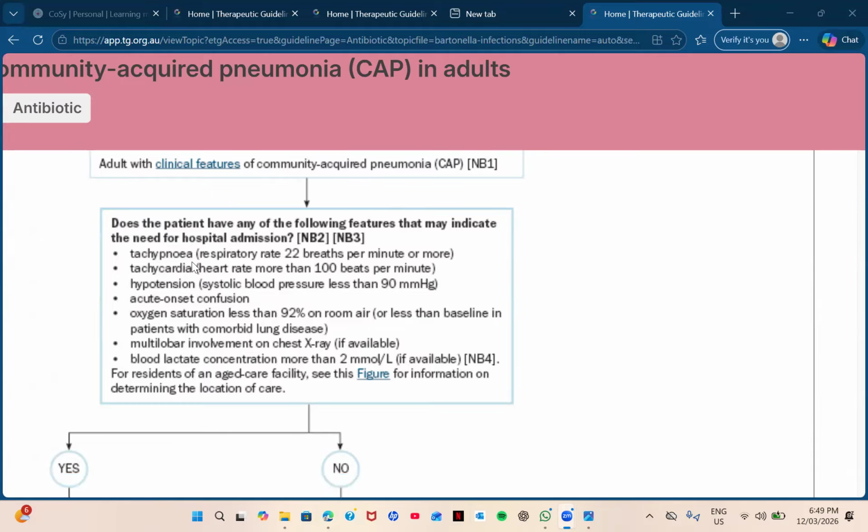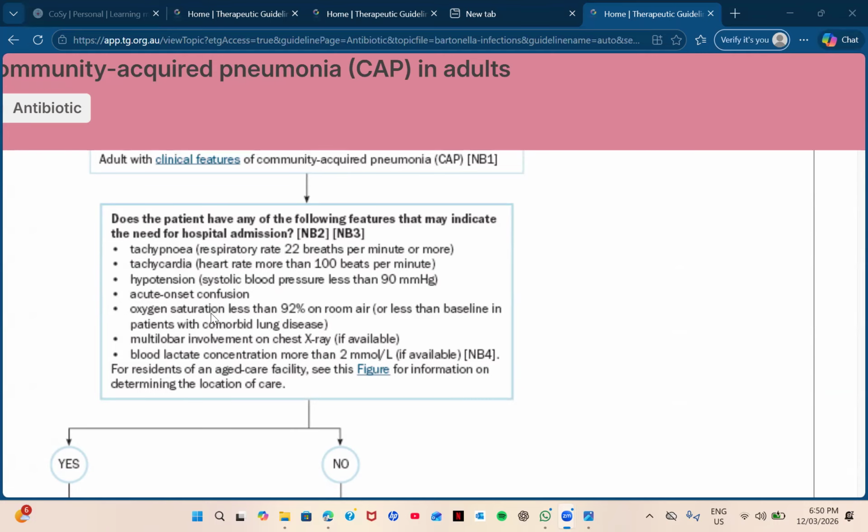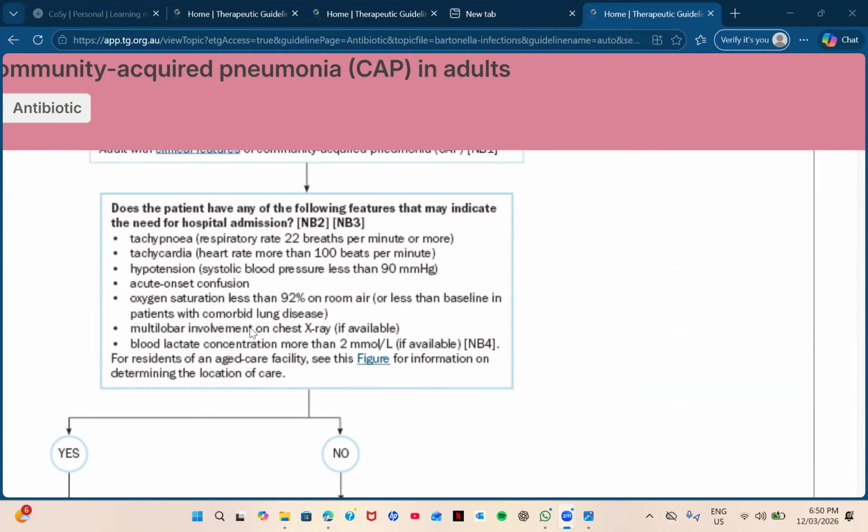Tachypnea: respiratory rate 22 breaths per minute or more. Tachycardia: heart rate more than 100. Hypotension: systolic blood pressure less than 90. Acute onset confusion, oxygen saturation less than 92. Multilobar involvement on chest X-ray if available. Blood lactate concentration more than 2 millimoles per liter if available.